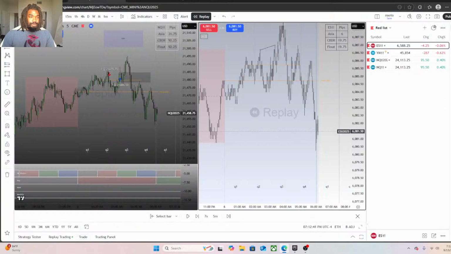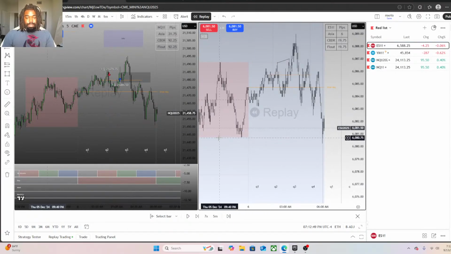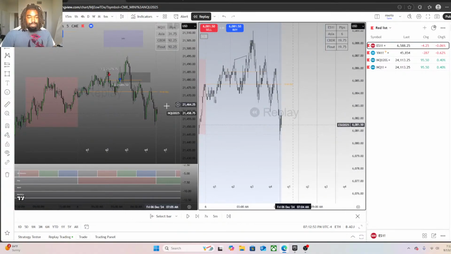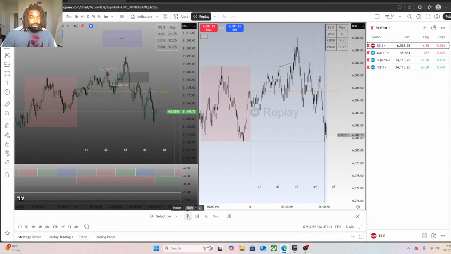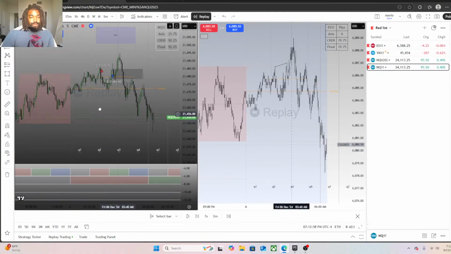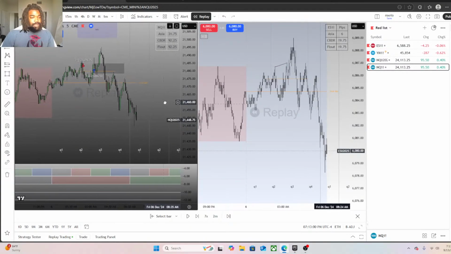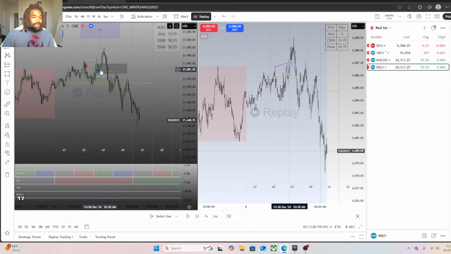So if I'm in these shorts like I was, and I'm targeting Asia lows, this caused the SMT with us taking out the Asia lows on ES and not NQ. So I would have got out if I seen ES take the lows and NQ didn't. NQ eventually came seconds later and took it out. So TP would have hit off the breaker later in London after 3 o'clock.